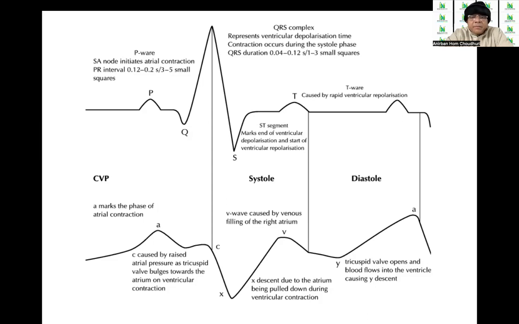The right atrium pressure increases because repolarization has started, so there is filling of the atrium. And then it goes towards the Y descent, where the tricuspid valve opens and the blood flows into the ventricle, causing this Y descent. This roughly shows a flat line beyond the T wave.